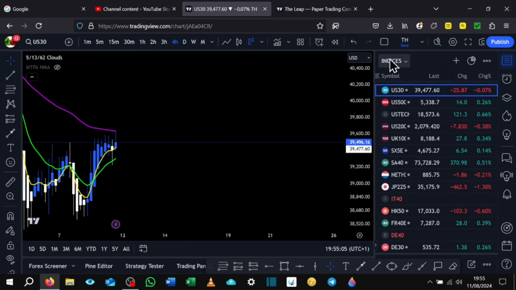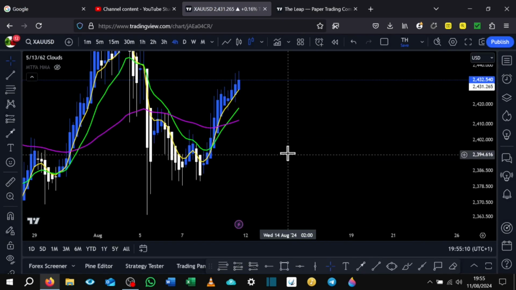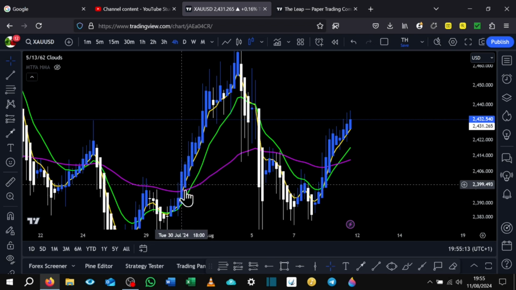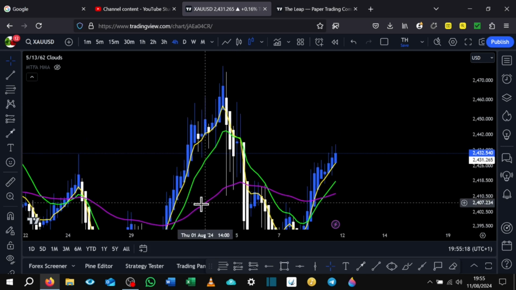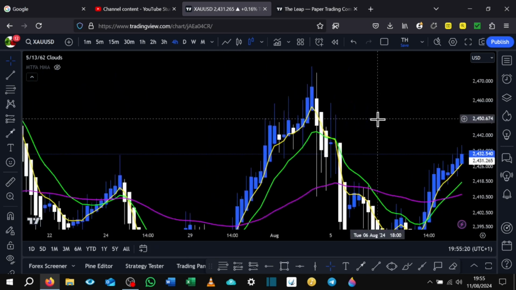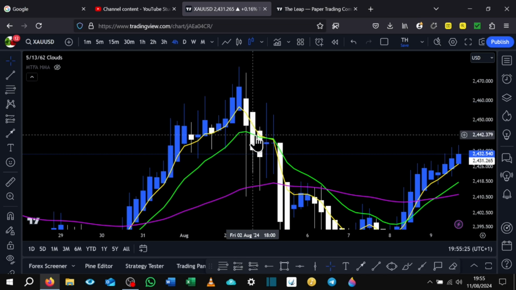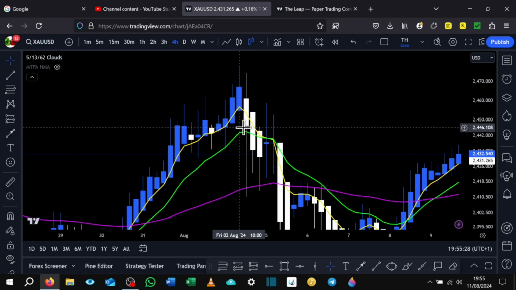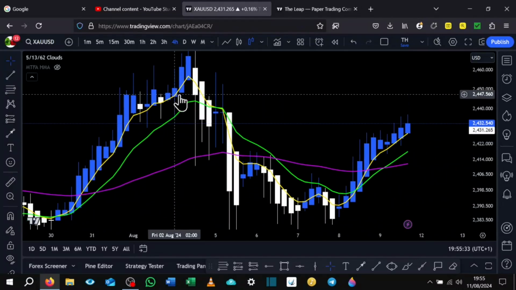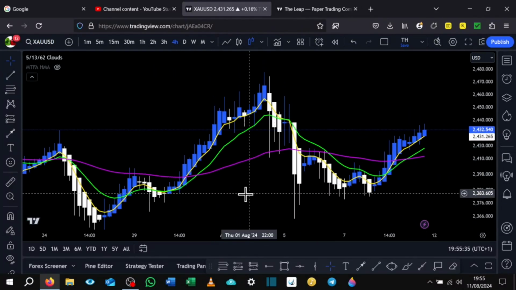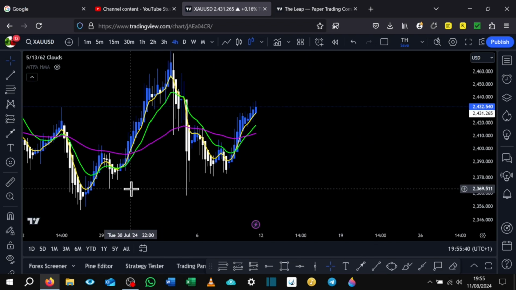And let's just jump straight over to gold. I did cover gold on the last video. I think we bought the 5 13 62 crossover here, caught that buy, lovely move up, and then when price crossed the 5 and the 13 crosses, you could have taken your profit there and then gone in for a sell, and catching the sell with a take profit here.